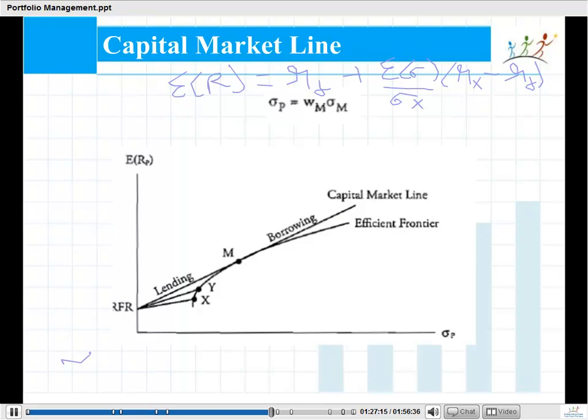So have we just proved that a rational investor or a risk averse investor never has to invest in any portfolio except the risk-free rate and portfolio M?